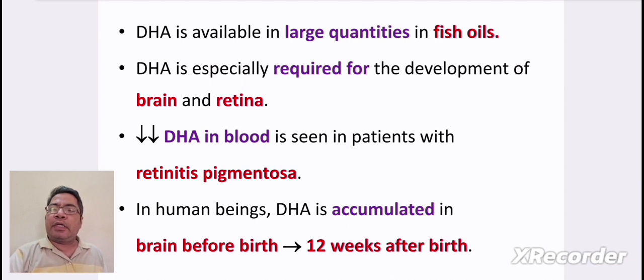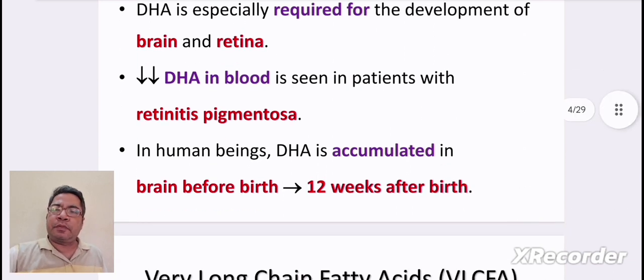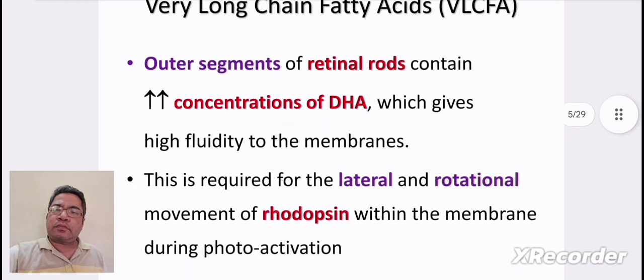Decreased quantity of DHA in blood is seen in patients with retinitis pigmentosa. In human beings, DHA is accumulated in the brain before birth and stays there 12 weeks after birth. Outer segments of retinal rods contain high concentrations of DHA, which gives high fluidity to the membrane.